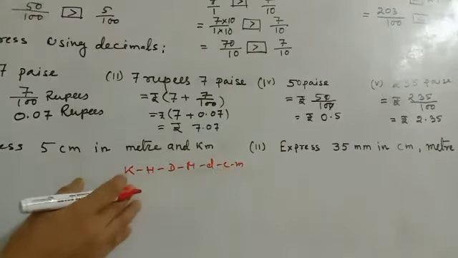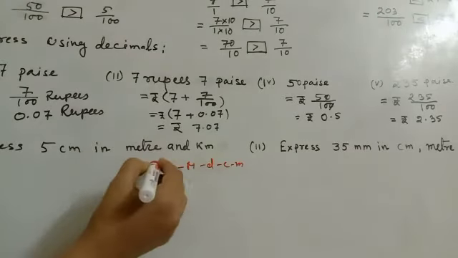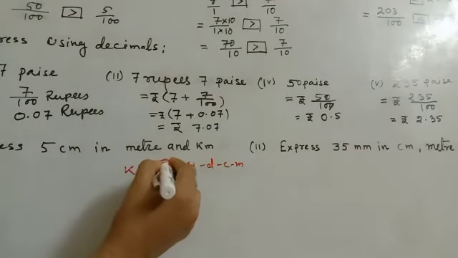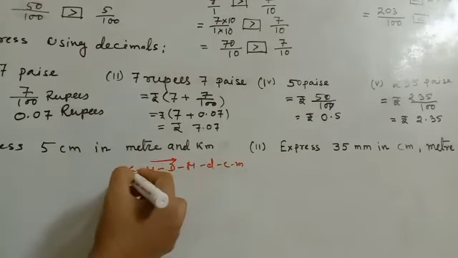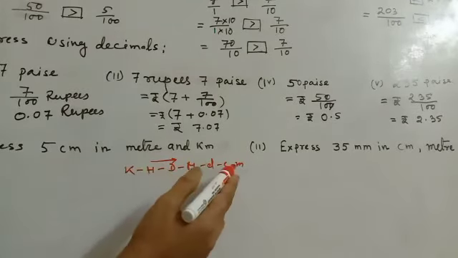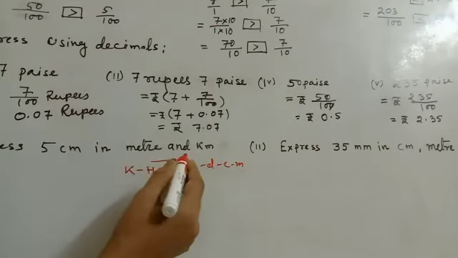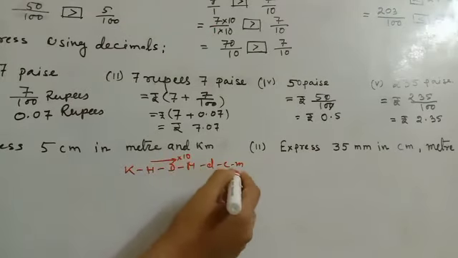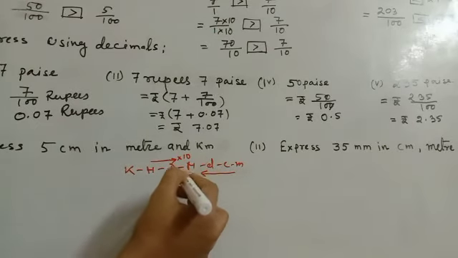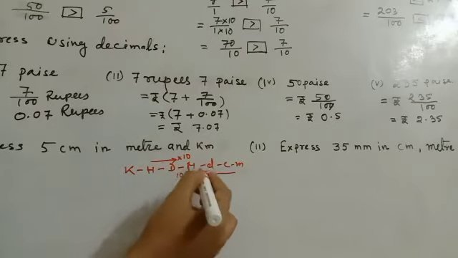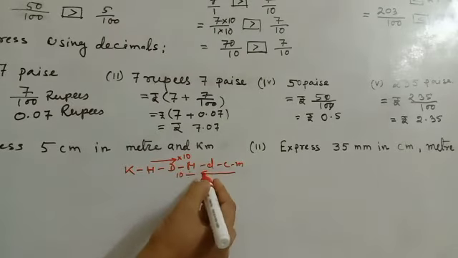For every metric unit, when we go from the greater to the smaller, we are multiplying by 10, and when we go from smaller to the larger one, we are dividing by 10 per step.